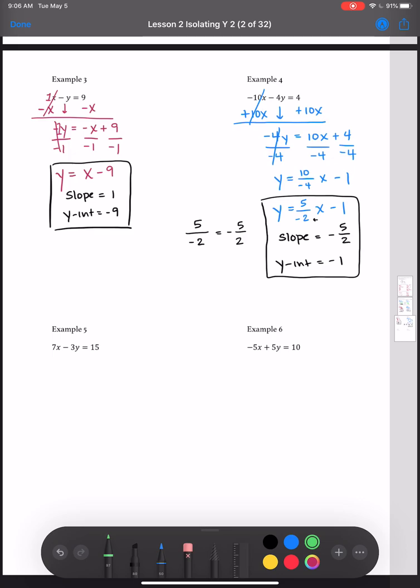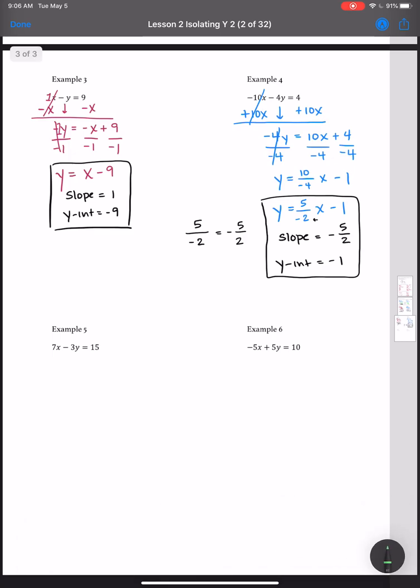So if we look here, we're going to subtract 7x from both sides. Bring down the negative 3y. The x term goes first, followed by the constant term, divided by negative 3. Y is equal to negative 7 over negative 3x minus 5.